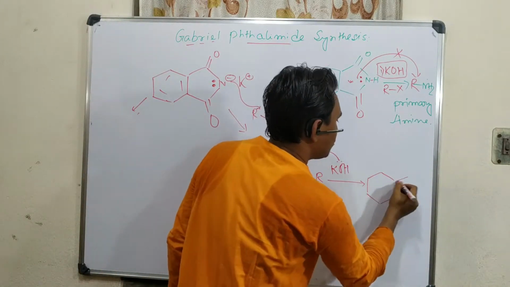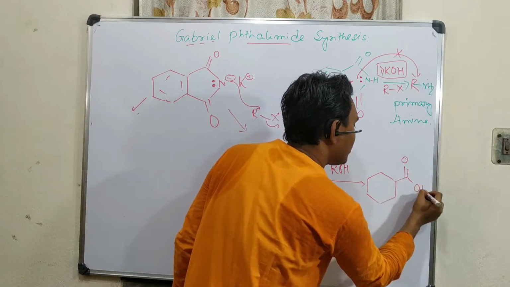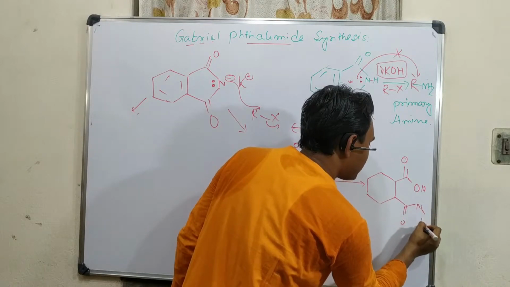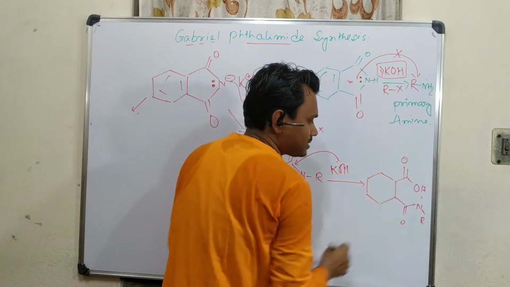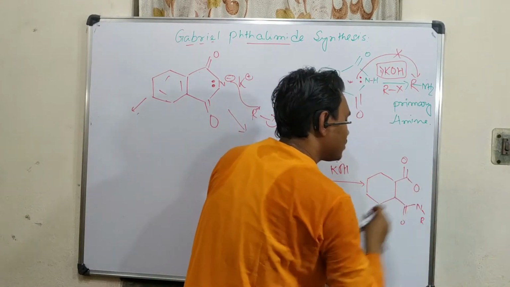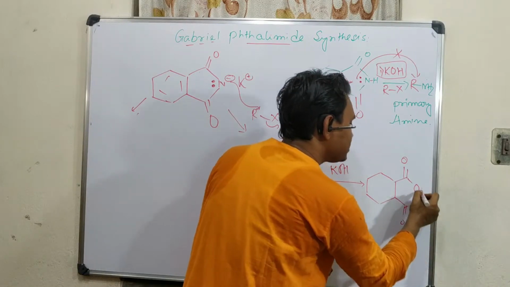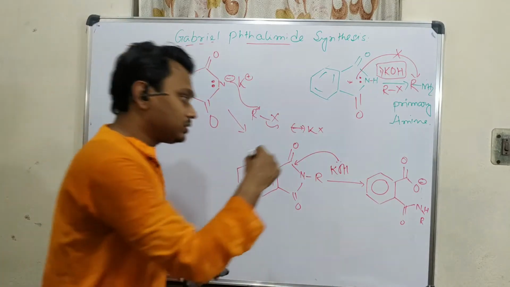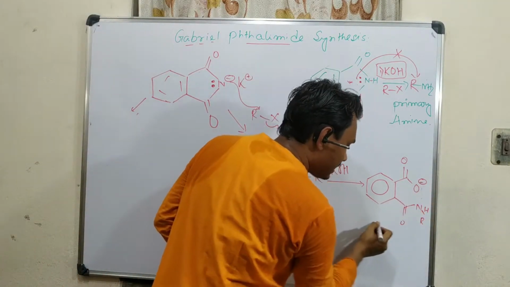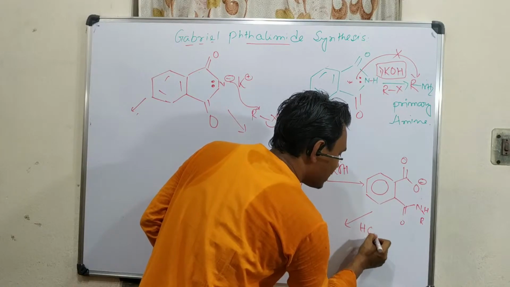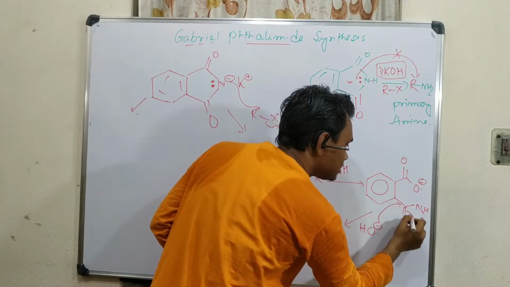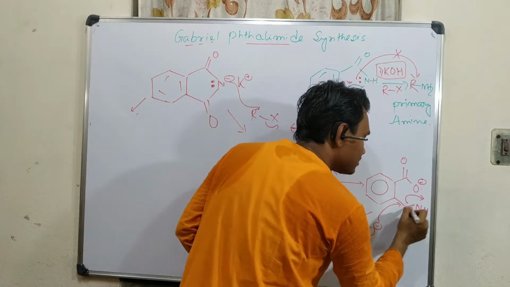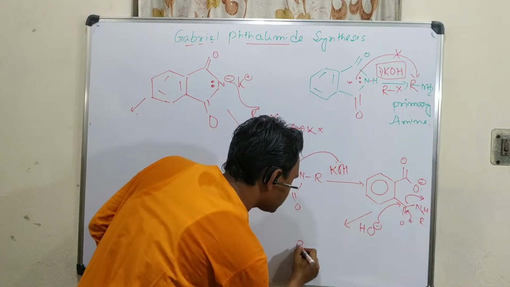This will first produce the OH, this, and NR minus. This is a strong base compared to this, so it will abstract the proton from here to produce NHR and O minus. Then this will further undergo hydrolysis with HO minus, and ultimately it will push back. Then what will be produced?